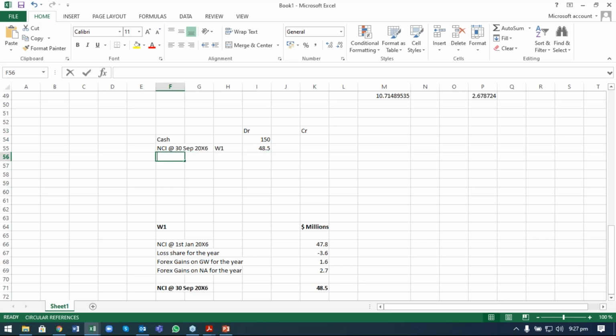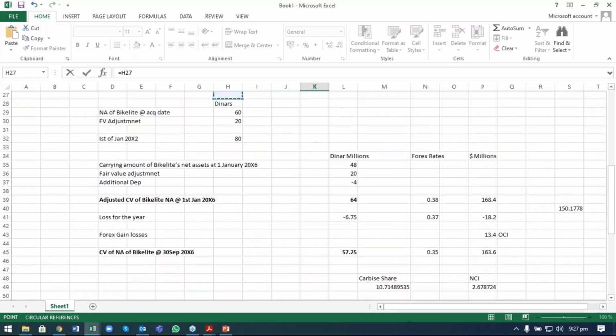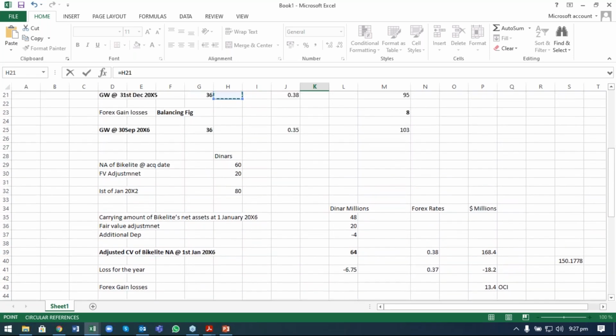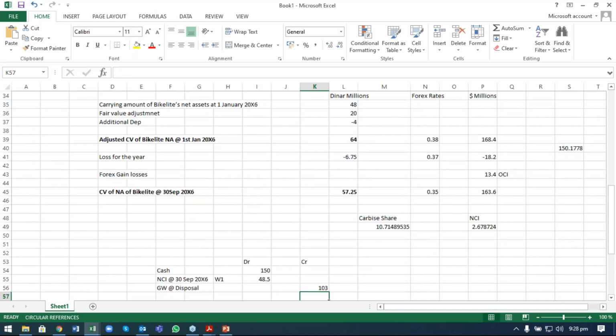Then you have to remove goodwill at the disposal date, and we have already calculated it. What is the value of goodwill at the disposal date? Goodwill at the disposal date was 103 million. What about the rest of the things?